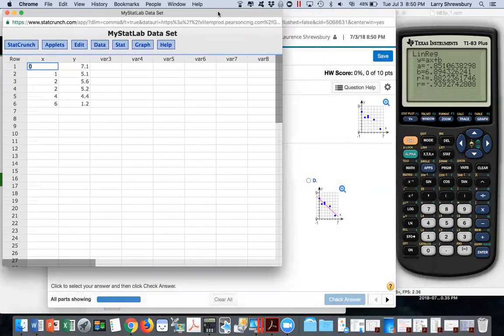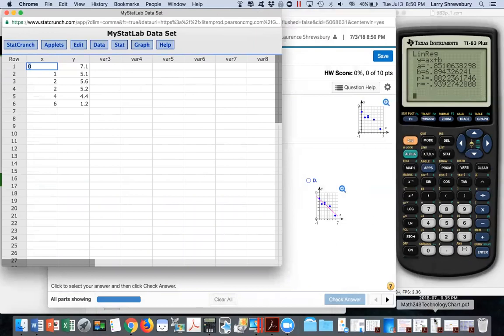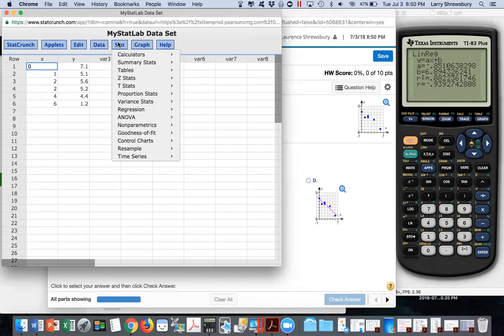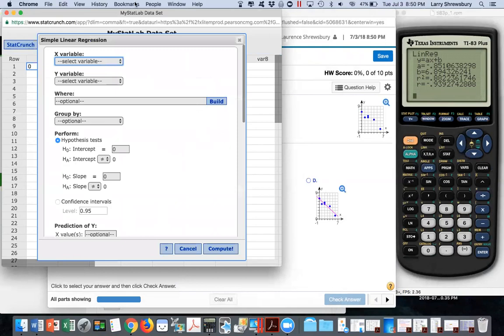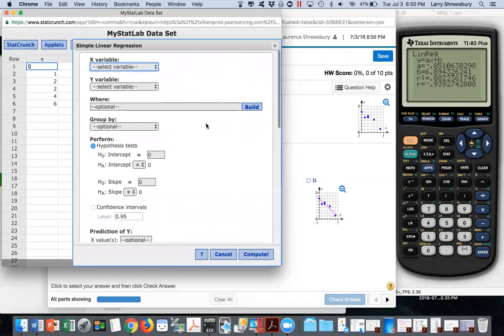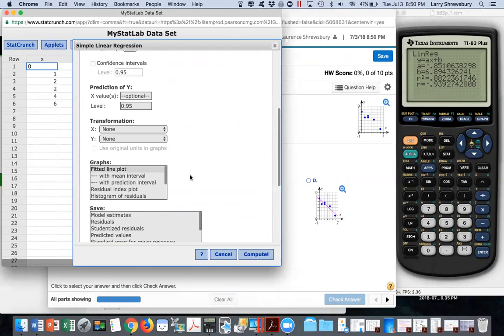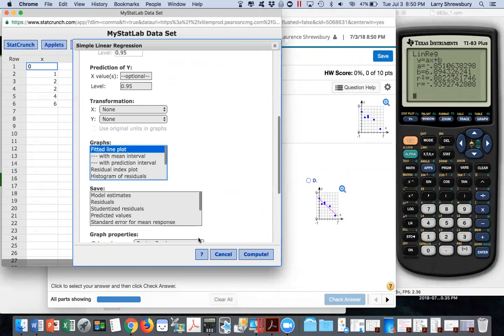Oh, and as before, I wouldn't expect you to remember the steps, you could just refer to those screenshot instructions that we had before. Okay, so we're going to go to Stat, Regression, Simple Linear. And this is easy. X variable is X, Y variable is Y. Doesn't get any easier than that. Okay. And all we really need here is the fitted line plot.